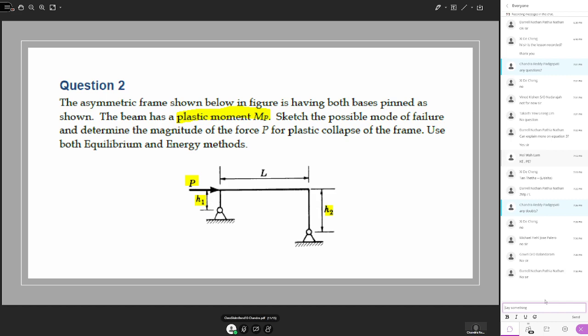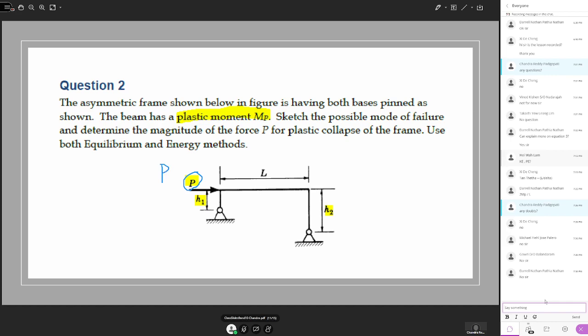Okay, so then we'll move on to the question 2. These are incidentally the same questions for your assignment 2 also. The question asks you, the beam has a plastic moment, MP. So that means the load is changed to the plastic load, PL.